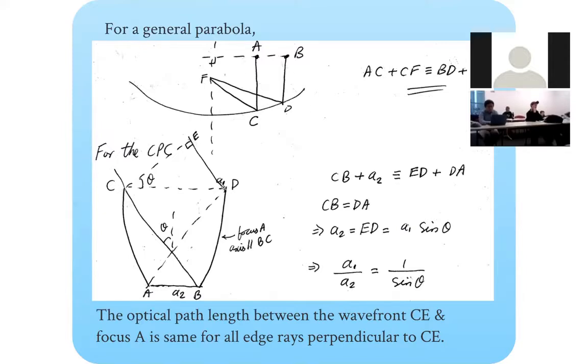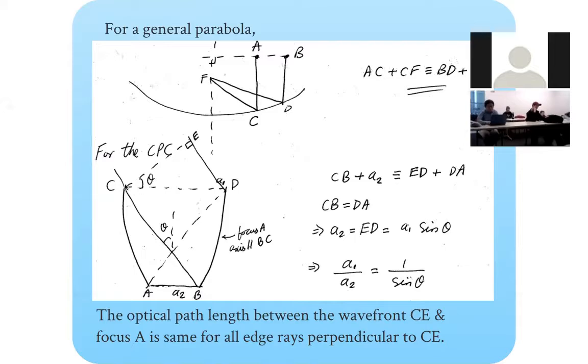ED plus DA should be equal to CB plus BA, which is basically the same thing here. Again, ED plus DA should be equal to CB plus BA, just from pure geometry.